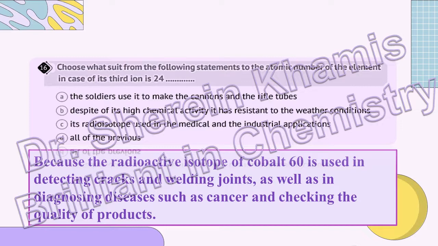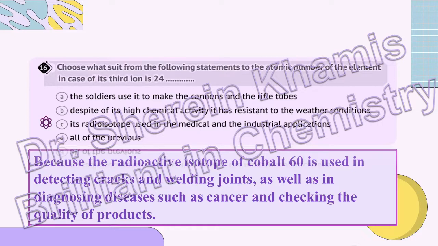All of these are the uses of cobalt 60. It is a radioactive isotope that we use in medical and industrial applications. Here we have 24, so it will be cobalt 60. The right answer will be letter C.